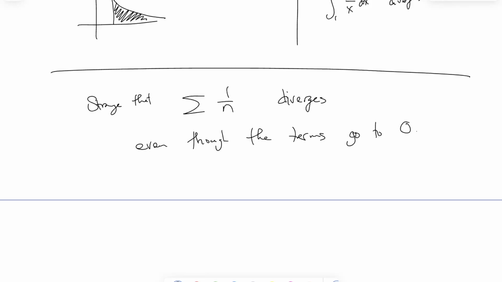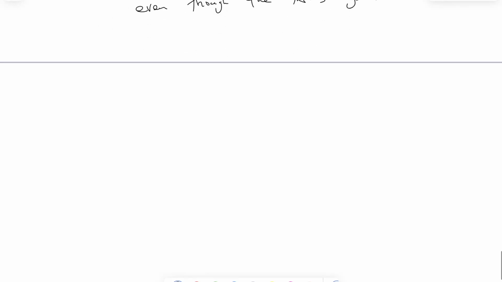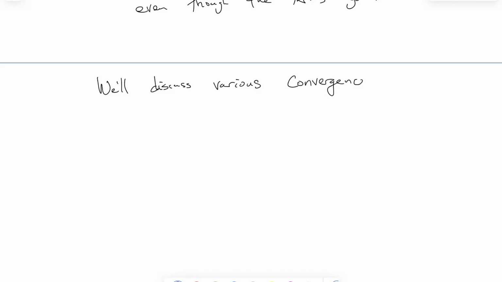Our main discussion for the next several weeks is we're going to discuss, and if you look at our checklist, you will see, various what we call convergence tests.